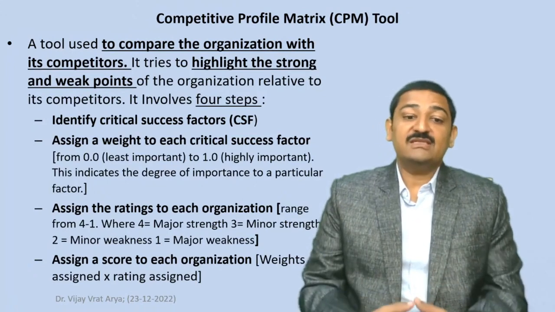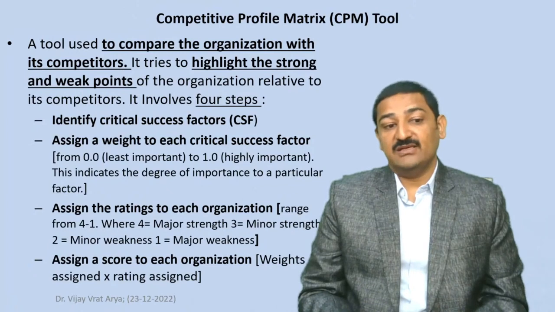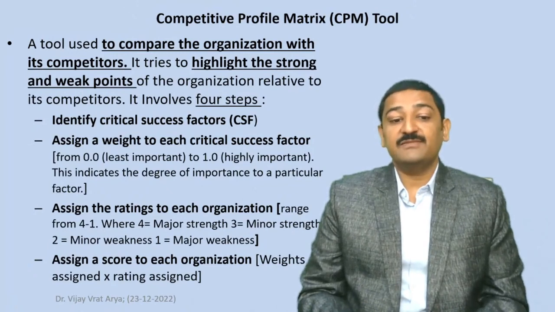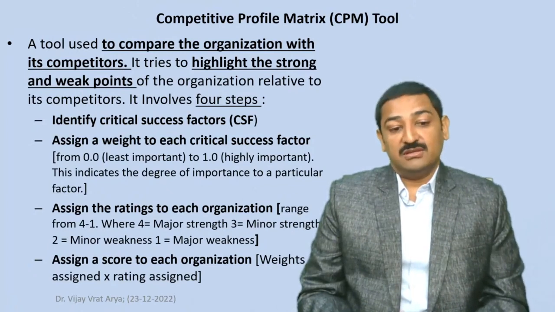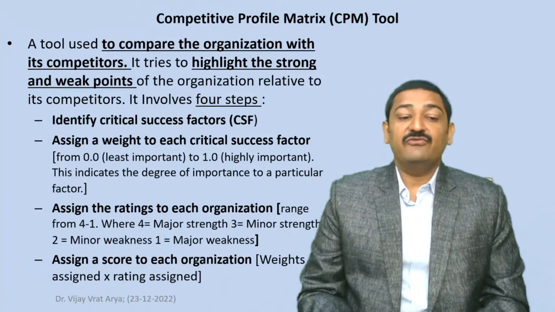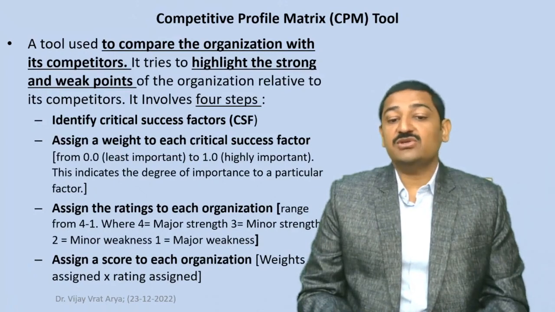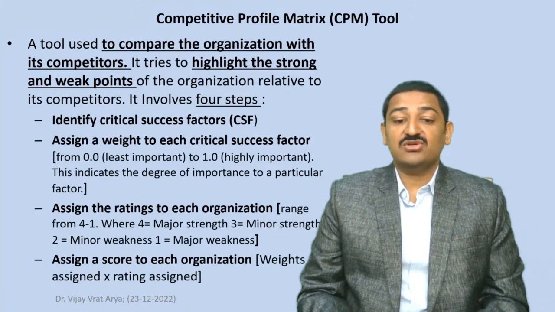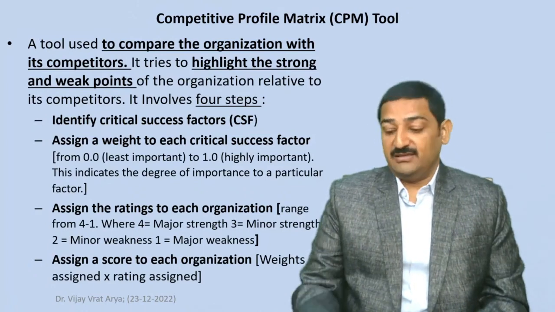Once these ratings have been assigned to the respective organizations, in the fourth and last step, we assign a score to each organization, which is a multiplication of the weight assigned and the rating assigned.